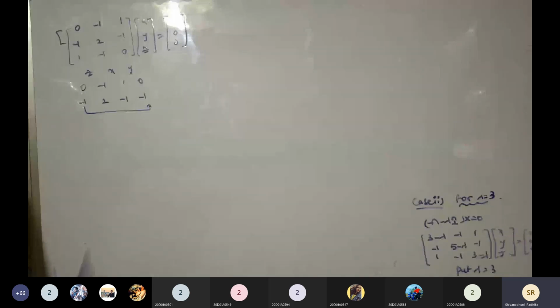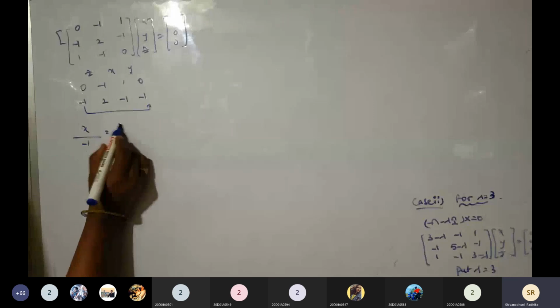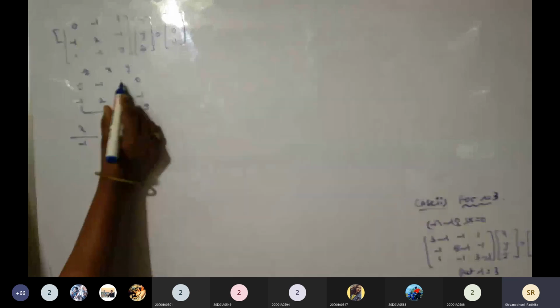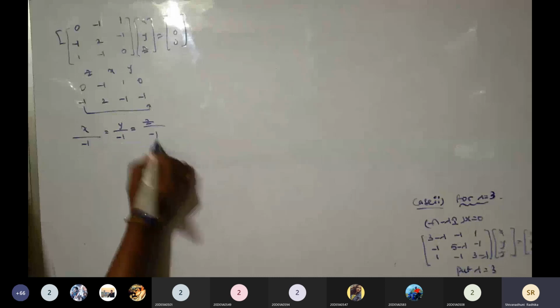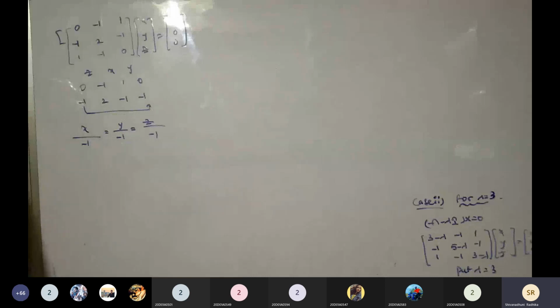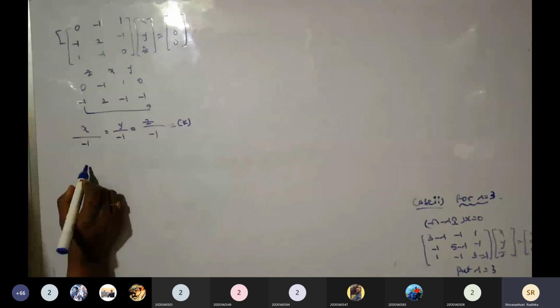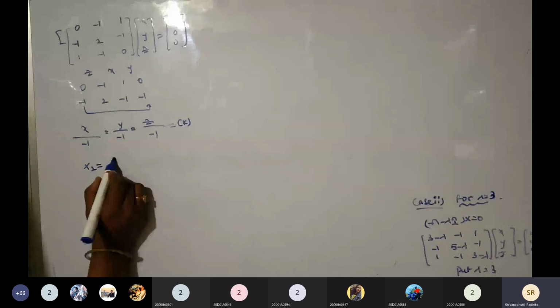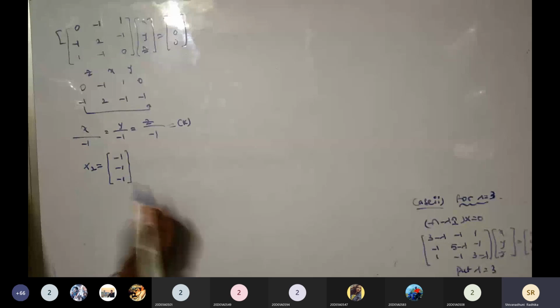Now x by 1 minus 2, minus 1, y by minus 1, 0, that is minus 1, z by 0 minus 1, that is minus 1. Then directly you can write down the negative values only. The eigenvector is x2 equals minus 1, minus 1, minus 1. Don't cancel the minus 1; directly you can write that as the eigenvector.